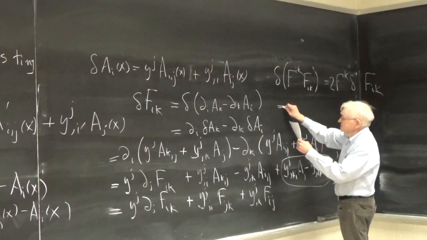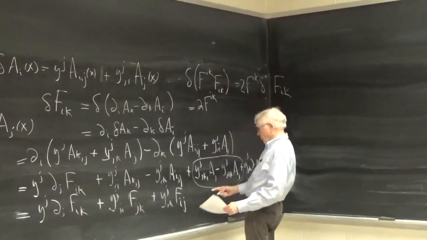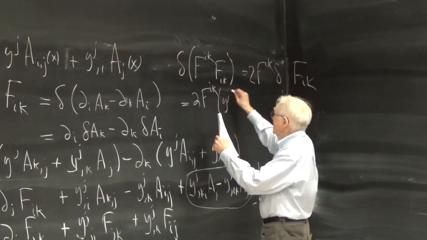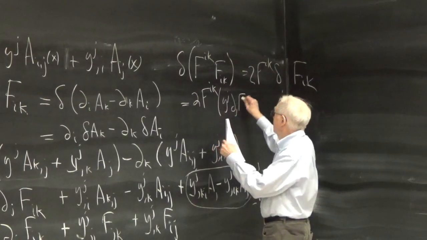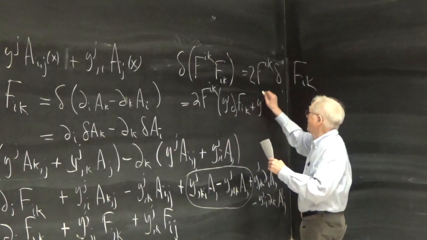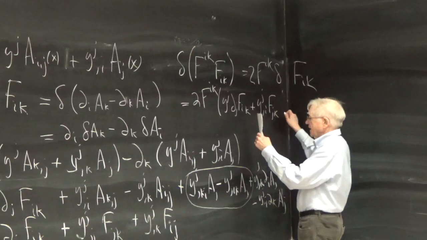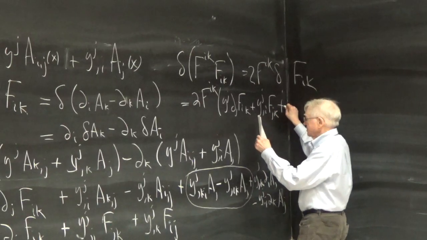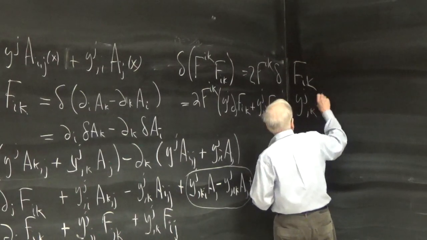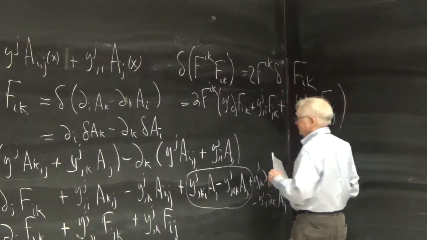And so that means it's 2 F^{ik}, what I just wrote down, which is y^j ∂_j F_{ik} plus y^j_{,i} F_{jk} plus y^j_{,k} F_{ij}.